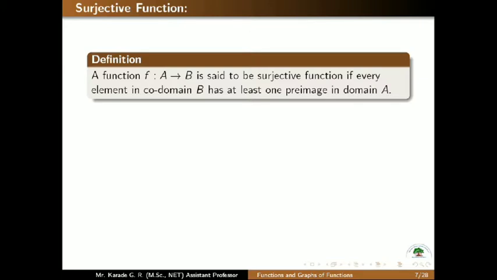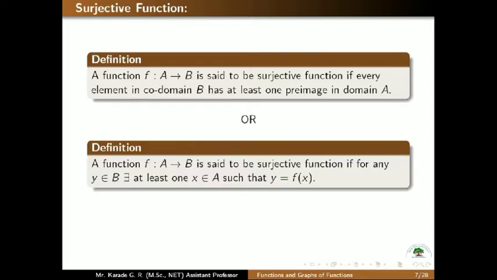Surjective function. A function f from set A to B is said to be a surjective function if every element in codomain B has at least one preimage in domain A. Or in other words, we can define a surjective function like this.